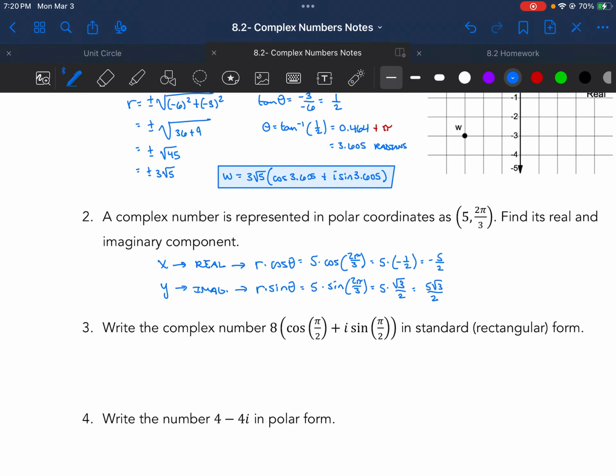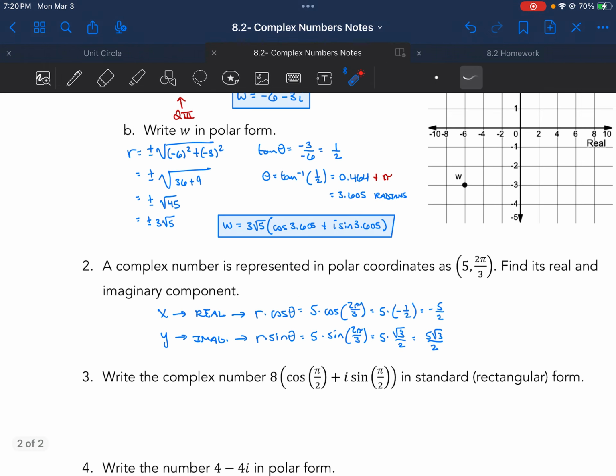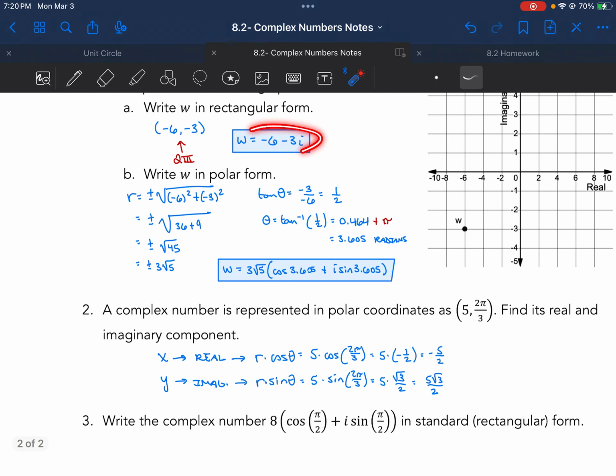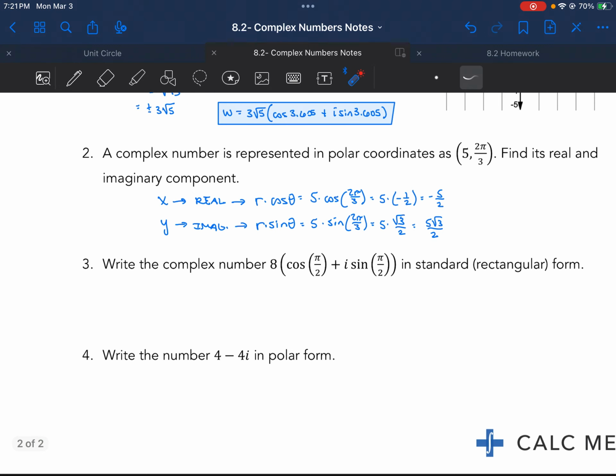So our real part, negative 5 halves. Our imaginary part, 5 root 3 over 2. And if I wanted to write the complex number in rectangular form, I would say negative 5 halves plus 5 root 3 over 2 i. But we were just asked to find the individual components.